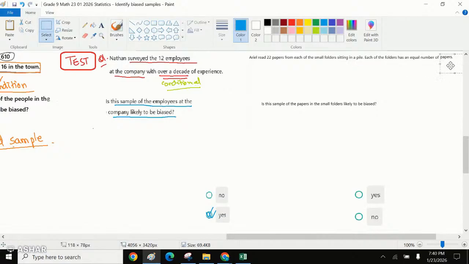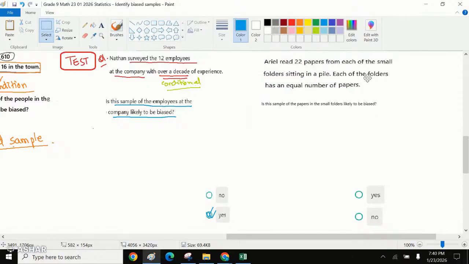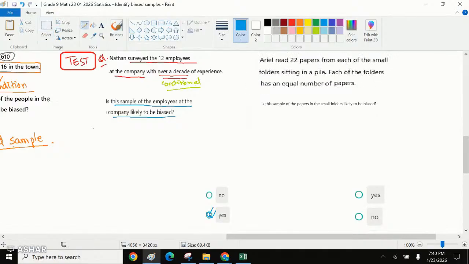Let me rephrase this so that we can read it. Ariel read 22 papers from each of the small folders sitting in a pile, right?